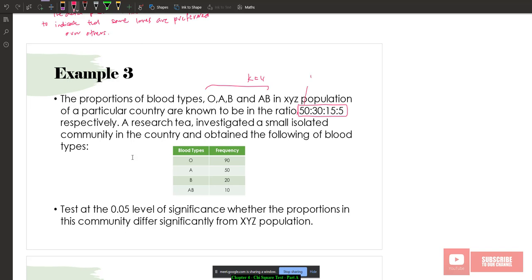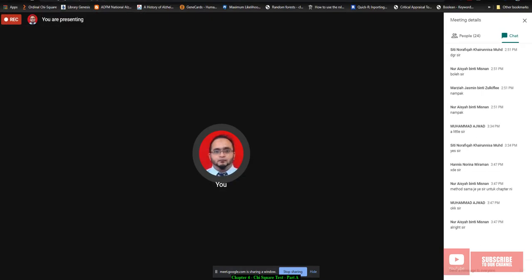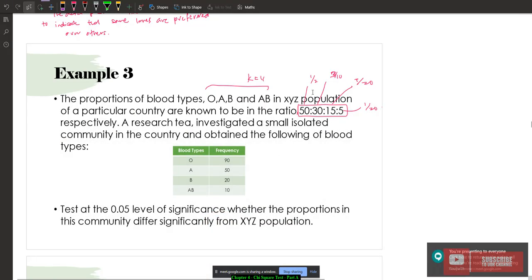So this is going to be 1 over 2. This is going to be 3 over 10, 30%, right? And this is going to be 3 over 20. And the last one is 1 over 20. So you'd better do the calculation again. The total should be 100, right? So of course, the expected frequency values should be different, right? Basically the procedure is the same. The difference here is when the probabilities are not equal.